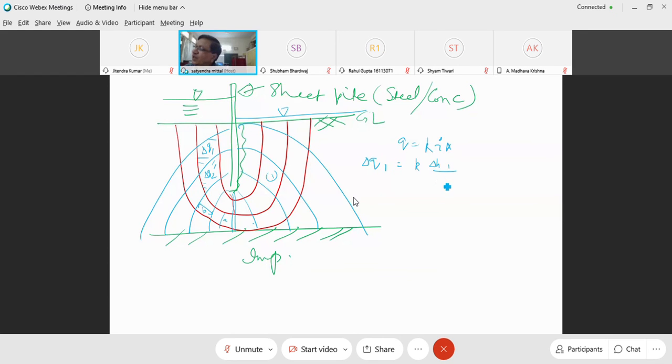L is B1, and area is A1 into 1. Similarly, delta Q2 will be K into delta H2 upon B2 into A2 into 1. Like this.